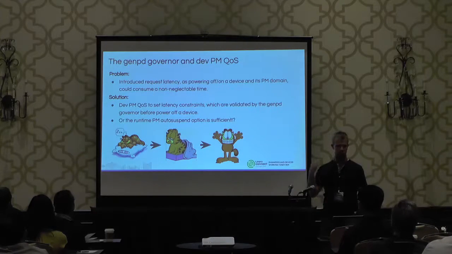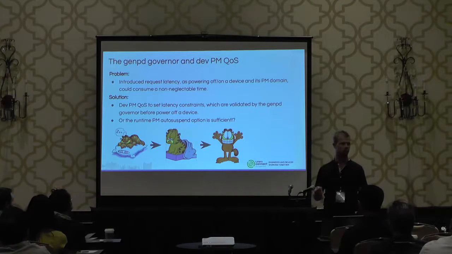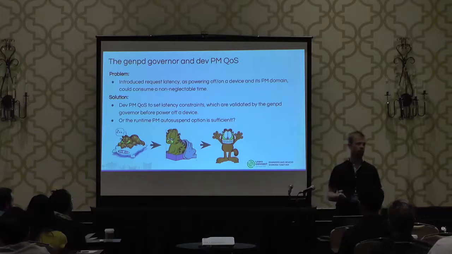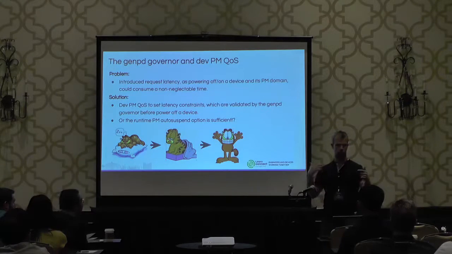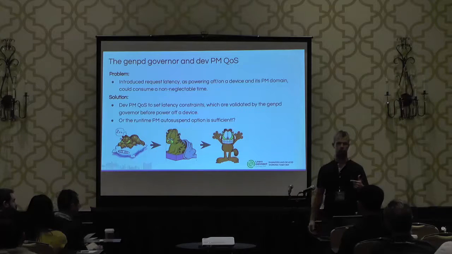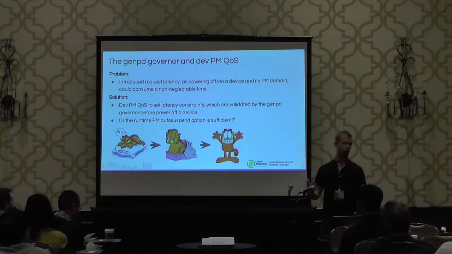When you put these devices into a low power state, obviously you avoid wasting power, which is the whole idea behind putting them into a low power state. But when you do that, the next time you're going to serve a request, from the Runtime PM point of view, you need to bring the device up to full power again so it can start to be functional. And that, of course, introduces a latency.